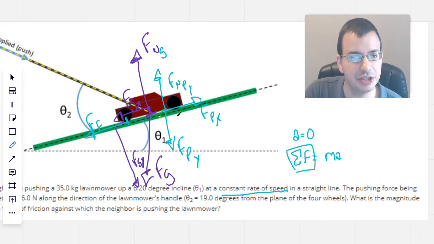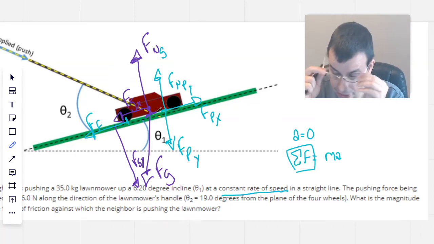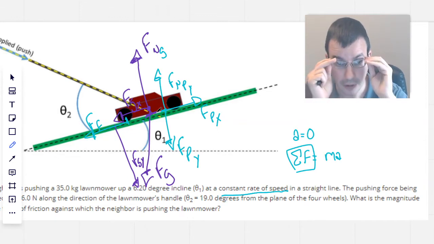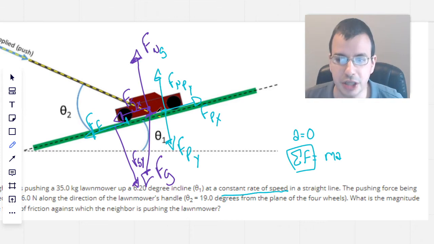We have forces in the x direction, up and down the slope, and forces in the y direction, perpendicular or normal to the slope.